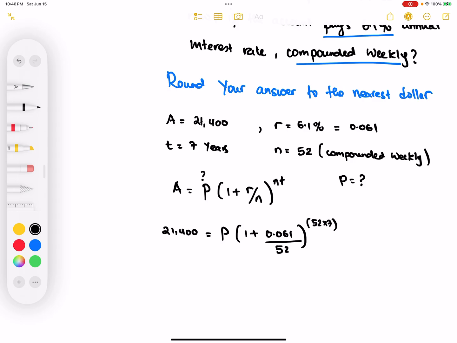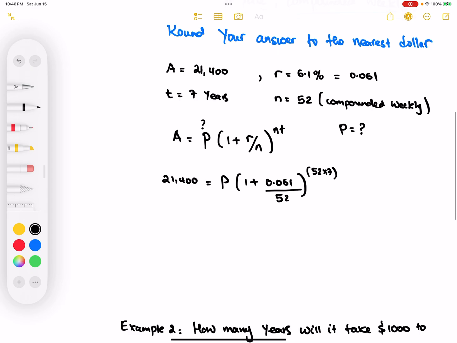Now this is a form of exponential function. So in order to solve for P, I have to divide the right side on the left side. So P becomes 21,400. To isolate P, I have to divide everything by 1 plus 0.061 over 52.